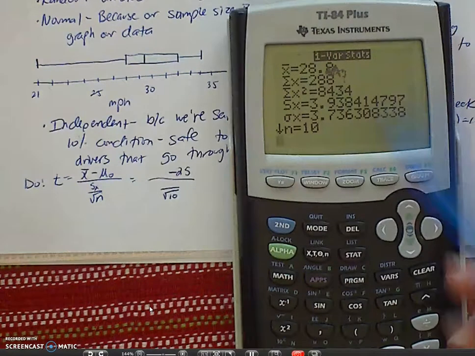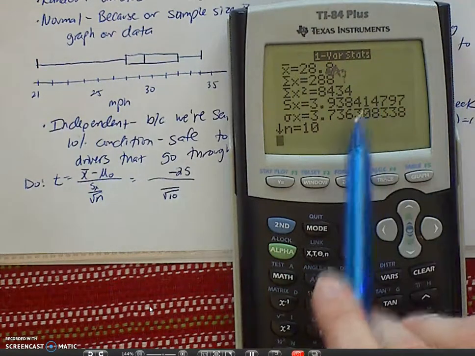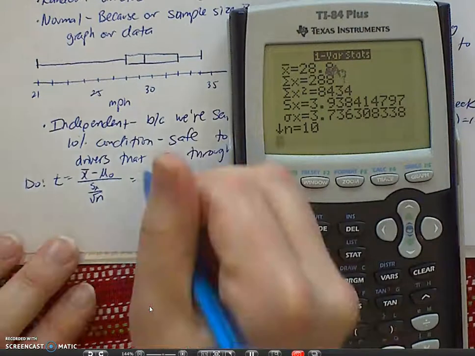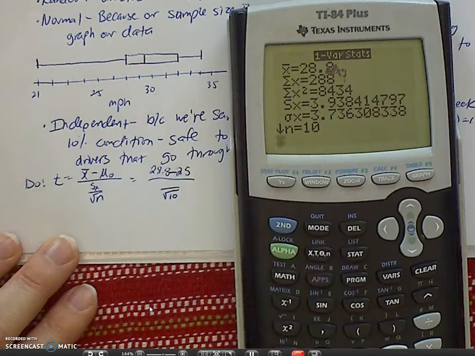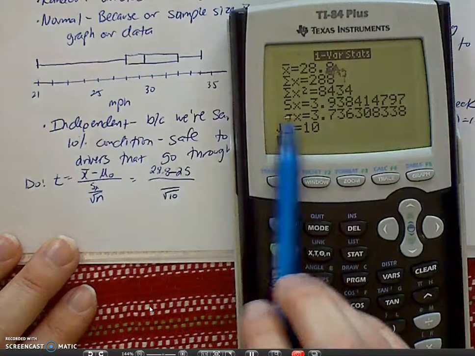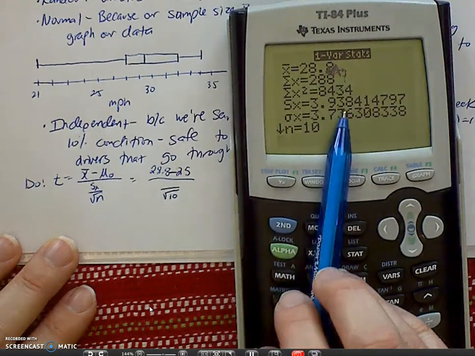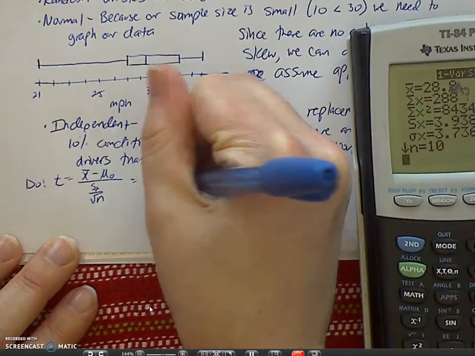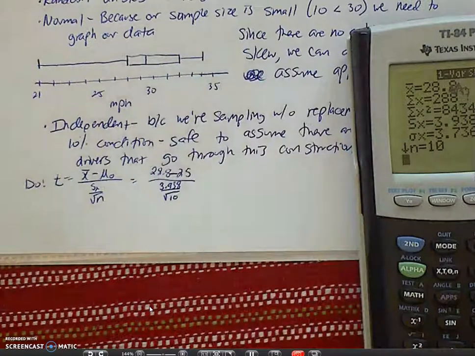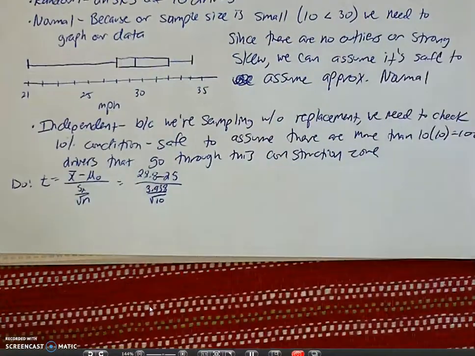Okay, so our x bar is 28.8, and our sample standard deviation, our s, is 3.938. Then we can calculate what that's going to be.